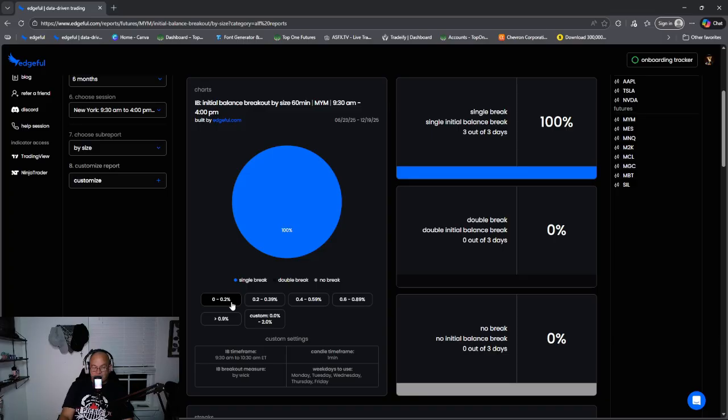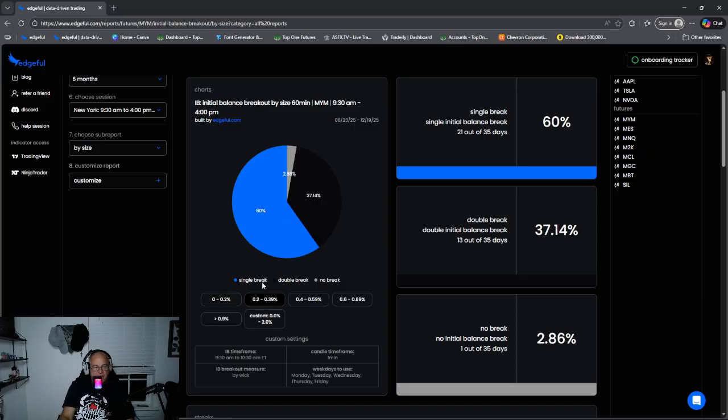With a very small IB, you can expect when it breaks, it's going to run a little bit, so it stays on that side. Now, if we move to this size, we have a little bit more chance of a double break, and we're below our 60%. So I might have to be a little wary if we're at 0.2 to 0.39% of the initial balance, and that's the size of the initial balance.